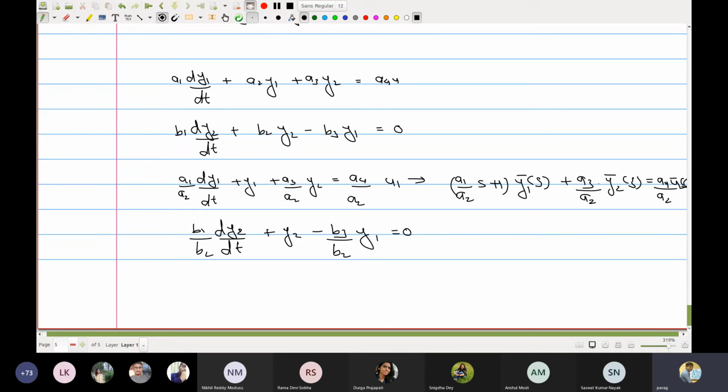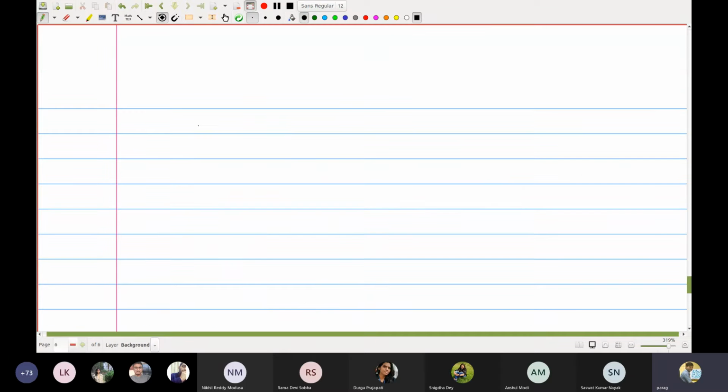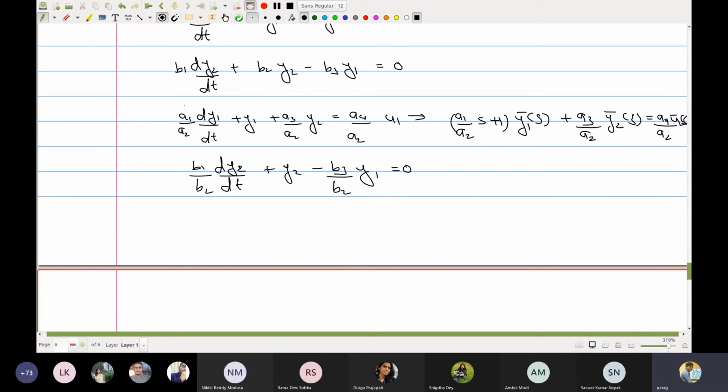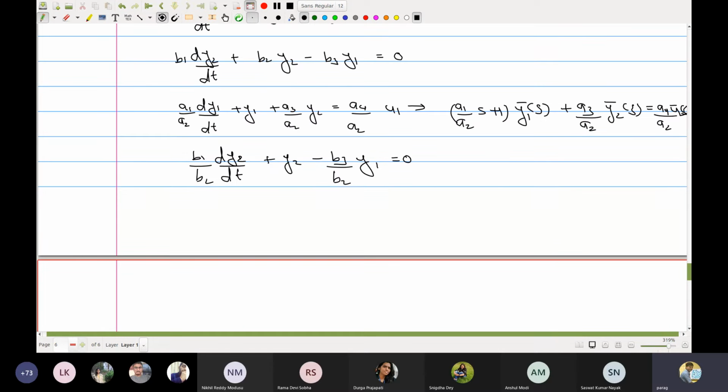And similarly you will write the next one, and then you will solve for y1 bar of s upon u bar of s. This is what you will get from equation 1, but it has y2 as well, and y2 will come from the second one, but the second one will have y1. So you will have to solve this set of algebraic equations, right?